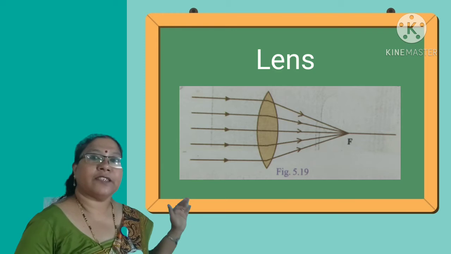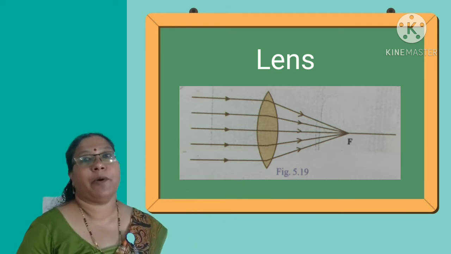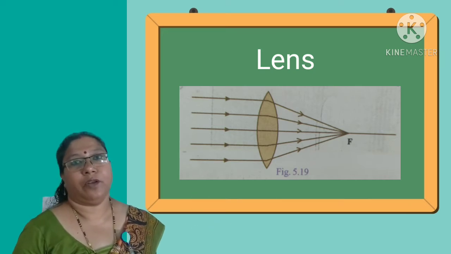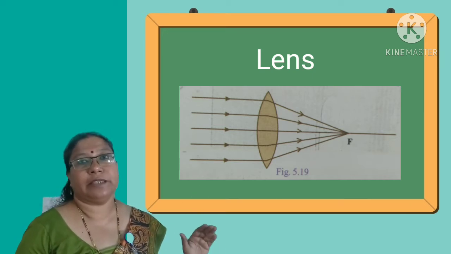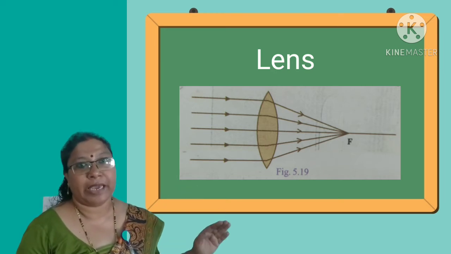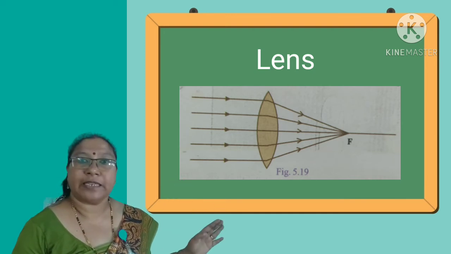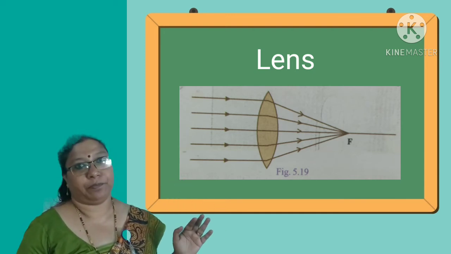Here, the rays of light after refraction actually meet at a point on the other side. Since the rays of light actually meet, the principal focus of a convex lens is a real one.